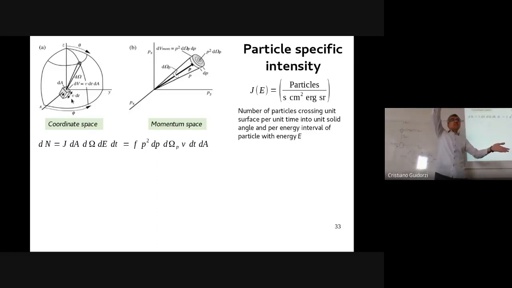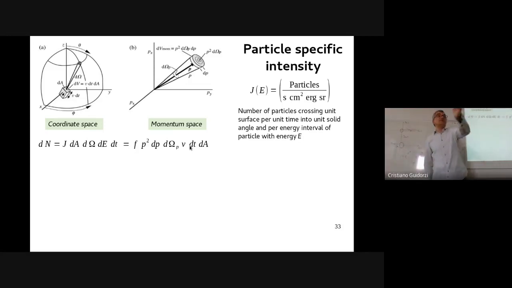Everything which lies inside will cross the surface dA in a time interval dt. So indeed the volume in the coordinate space that I'm looking for is dA v dt.